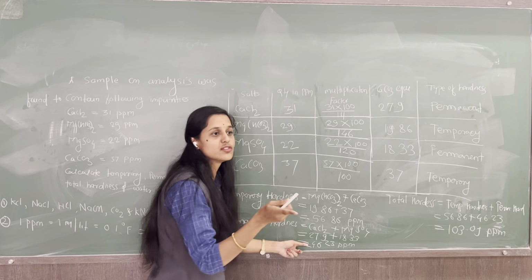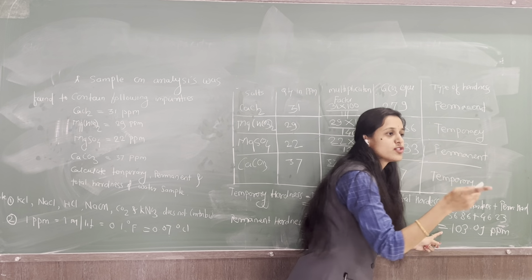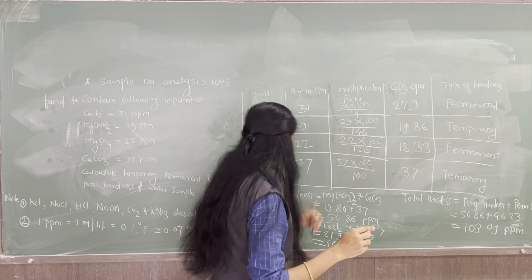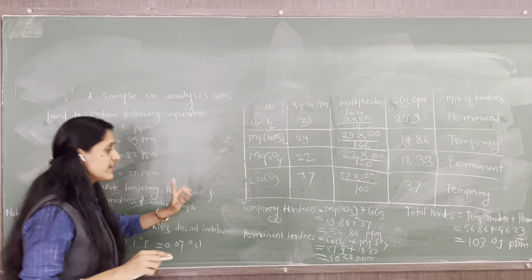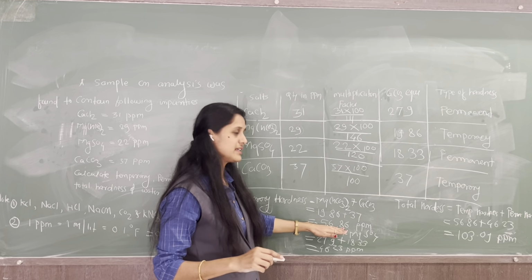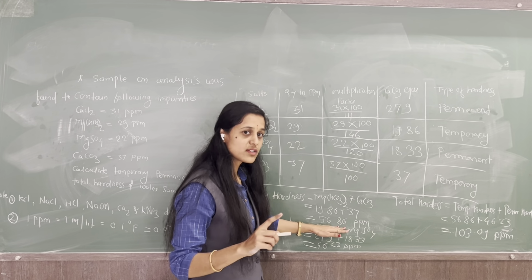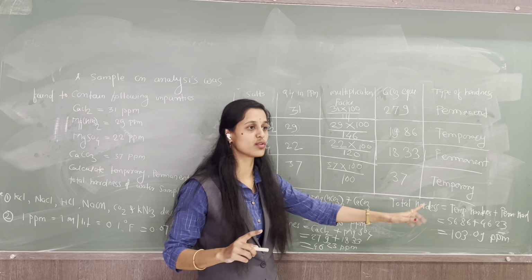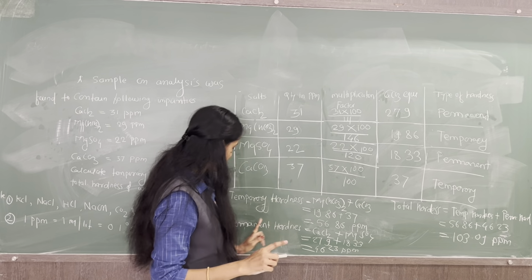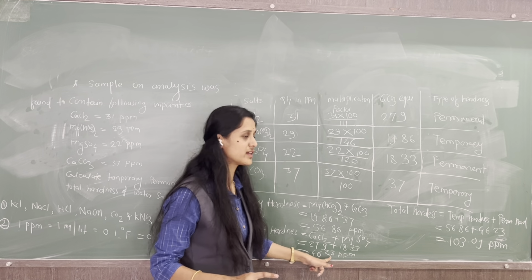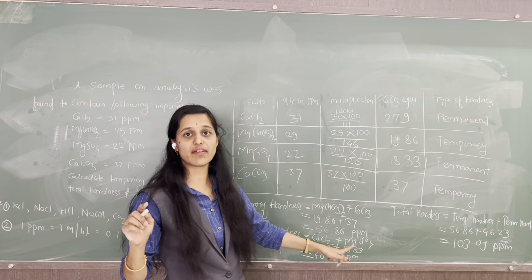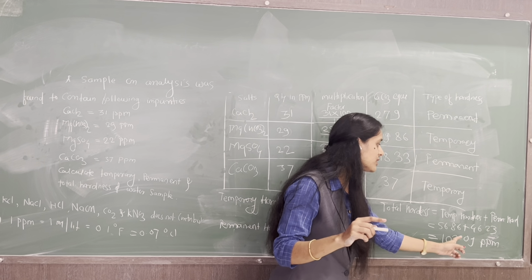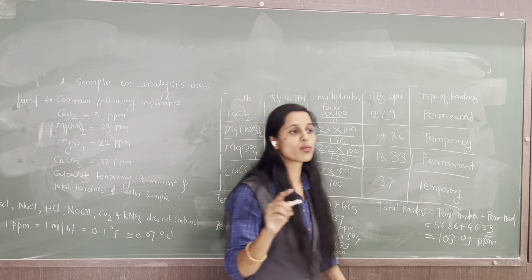If they ask to calculate in degree Clark, then you have to multiply by 0.07: for temporary hardness 56.86 into 0.07 degree Clark, for permanent hardness 46.23 into 0.07 degree Clark, then total hardness 103.09 into 0.07.